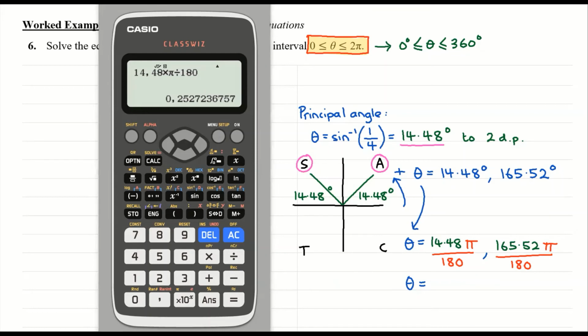So I'll write that in. That's radians, of course. And our second answer, go back to the calculator, just erase that. So we've got 165.52, multiply that by pi, and then divide by 180. And we get 2.89.